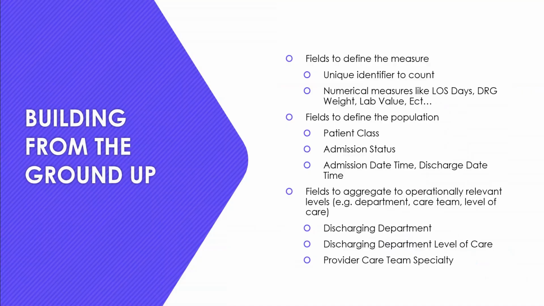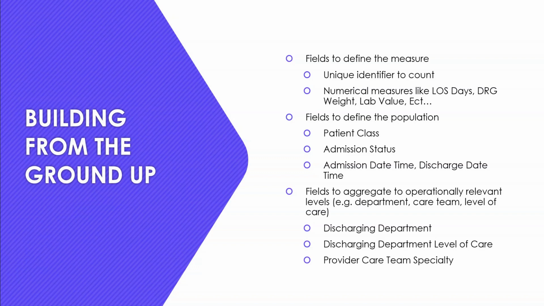So, building from the ground up is those fields to define the measures. What I'm talking about here is things like unique identifiers so that I can count appropriately. Numerical measures like what was the length of stay on this encounter? What is the age of this patient? Those sorts of things. Next, in fields to define the population, I'm talking about some of the common things you would hear in healthcare, like a patient class or an admission status.